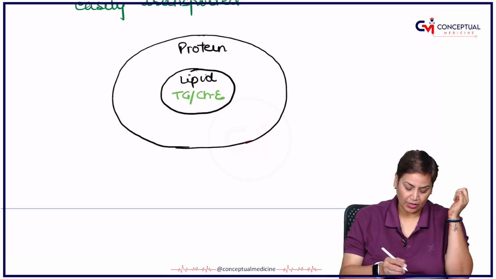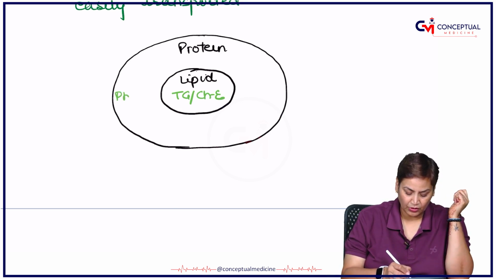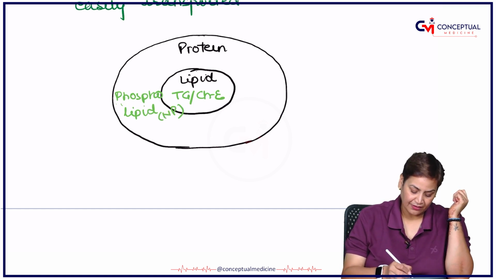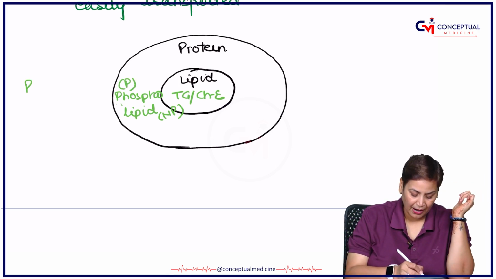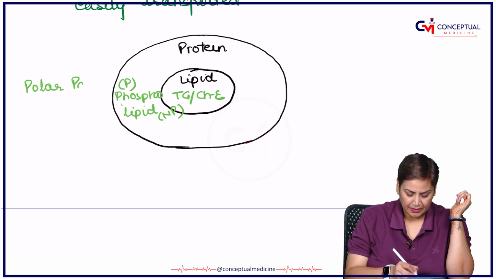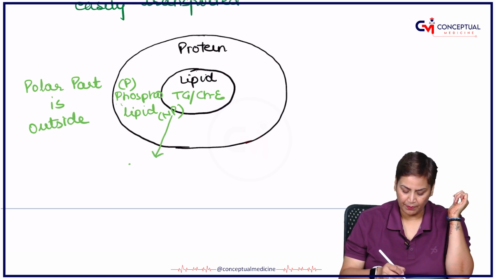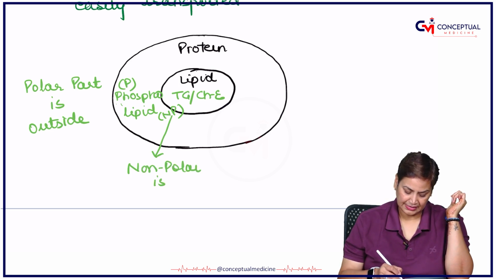And suppose if we talk about phospholipids, because we have studied phospholipids, so if I write a phospholipid here, the lipid is the non-polar part which will be inside, and the phospholipid will have a polar part outside. So I can say that the polar part is always outside, and the non-polar part is inside.